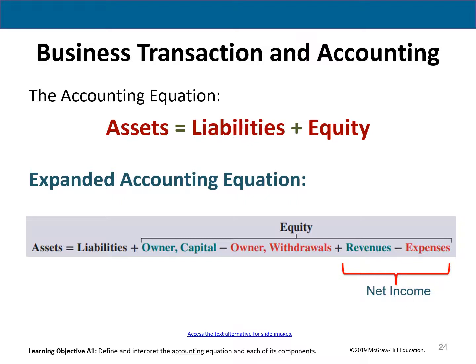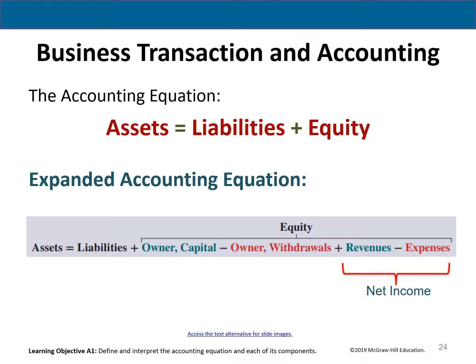So anything the owner contributes into the company is kept track of in owner capital. Notice, owner capital increases the equation, but owner withdrawals decrease equity and the overall equation, and that's true. So we always want to keep track of all the amounts the owner takes out of the business. And the owner can take out of the business, they own it.